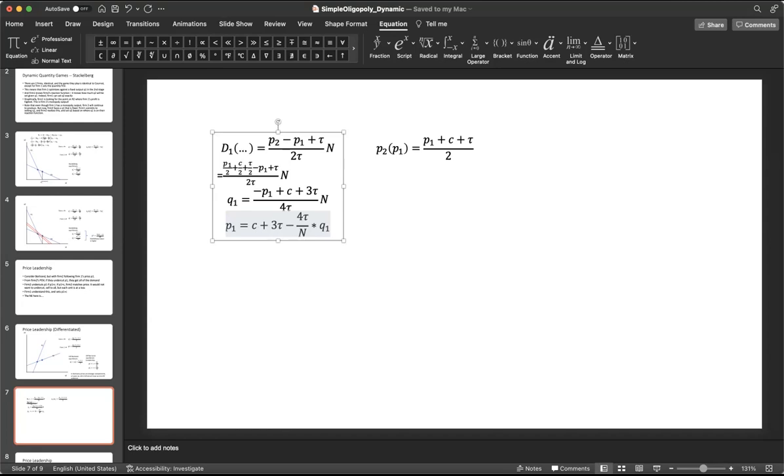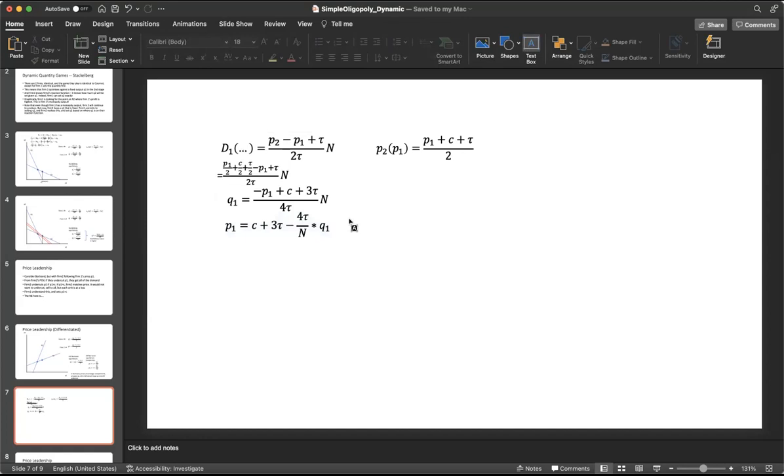Or you can just do MR equals MC, where MR has twice the slope of the demand, equals marginal cost. I'm just going to write here what this is.